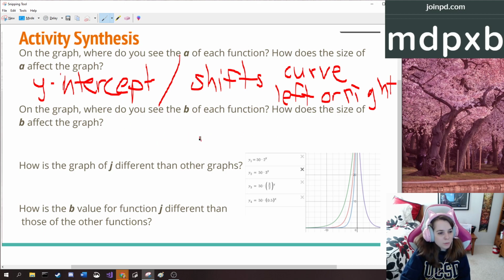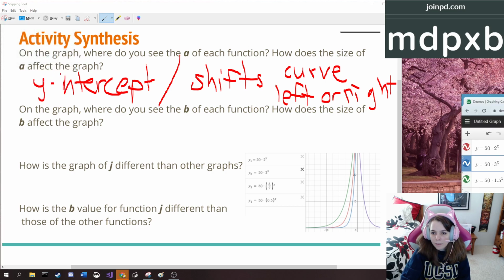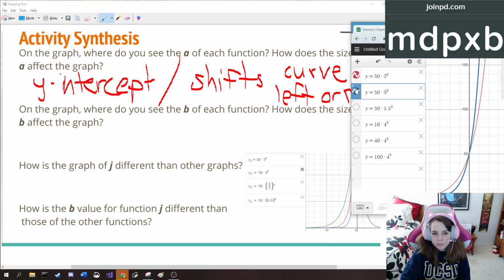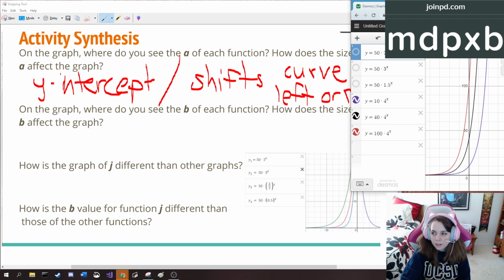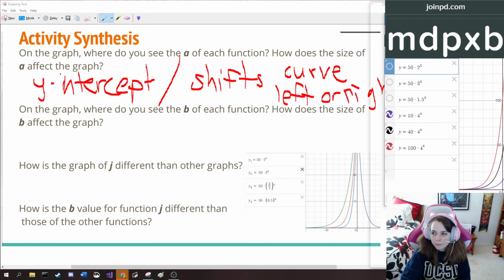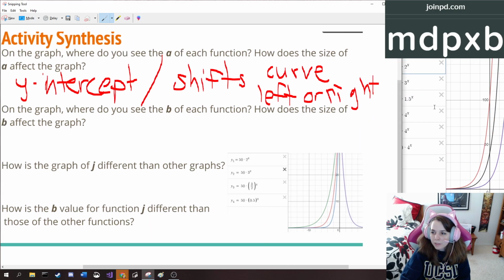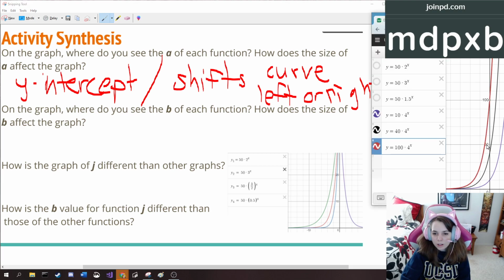So on the graph, where do you see the b value? Our b value is going from one point to another.